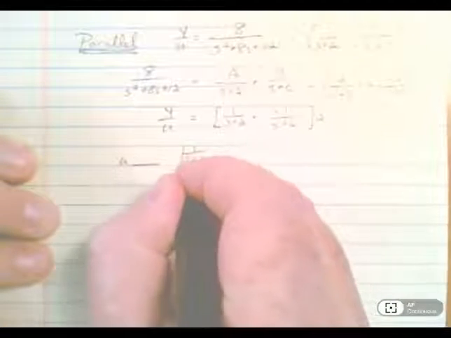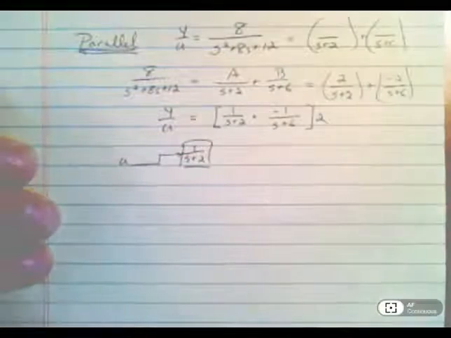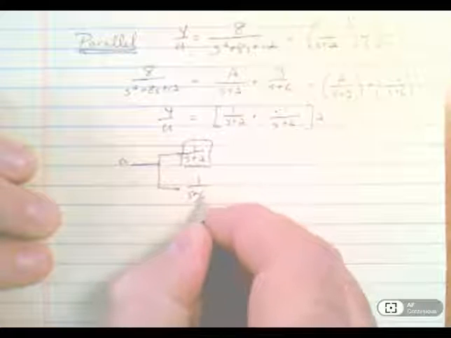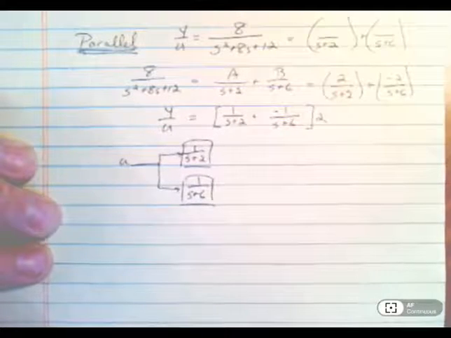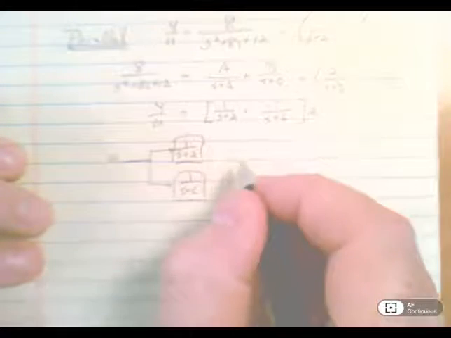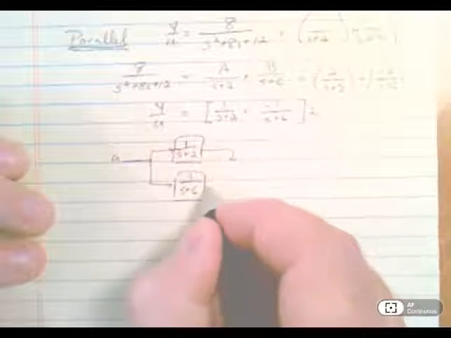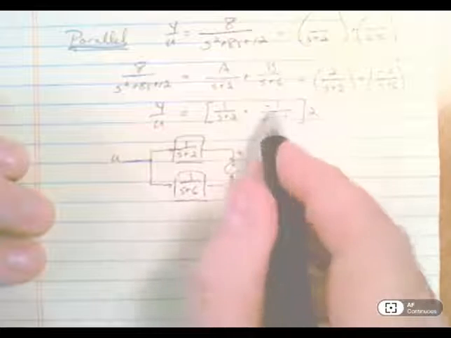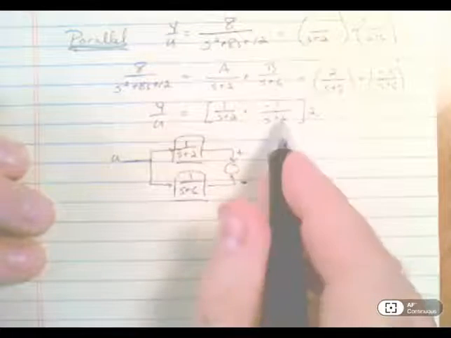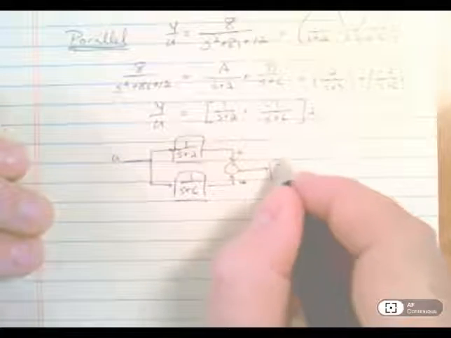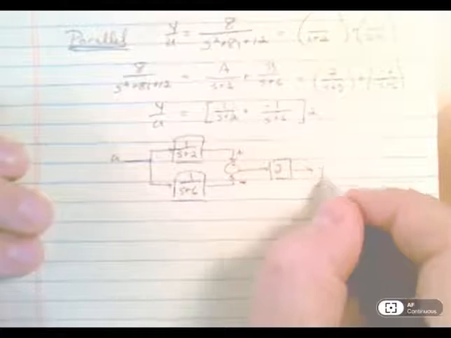So I get a 1 over s plus 2 transfer function, like this. But in parallel, I have a 1 over s plus 6 first order transfer function. It's like u is independently affecting both of these. And the results come out and sum together, and I'm getting a positive contribution from the s plus 2, but a negative contribution from the s plus 6. And those go together and are multiplied by 2 in order to get my y.